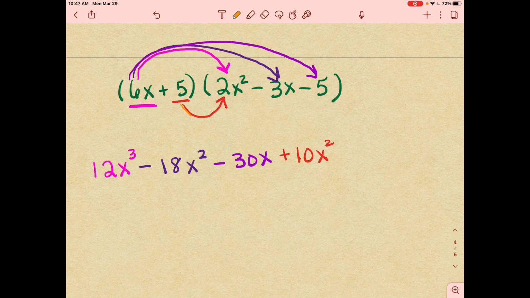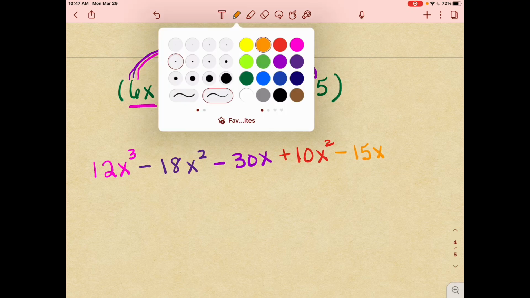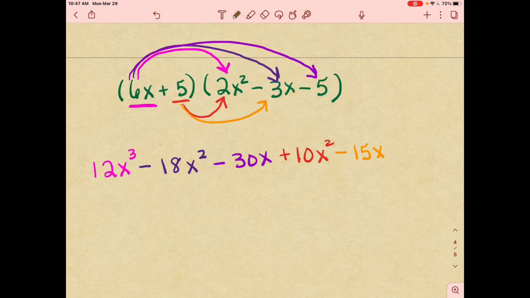And we're going to do 5 times negative 3x, and 5 times negative 3 is negative 15, and then we have the x. And then let's do 5 times negative 5, and 5 times negative 5 is negative 25. There isn't even an x.